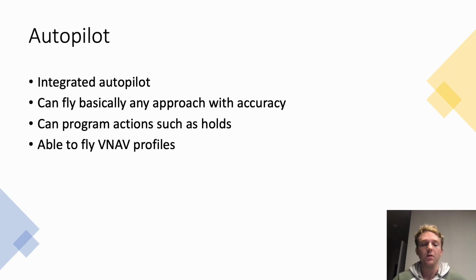I'm not saying manual holds are bad, but if you can input it into the G1000, that's going to make it even easier. And again, it can fly VNAV profiles, making sure you're at altitudes at certain waypoints, whether it's for terrain, ATC tells you, and all that good stuff. Either way, it can fly it.